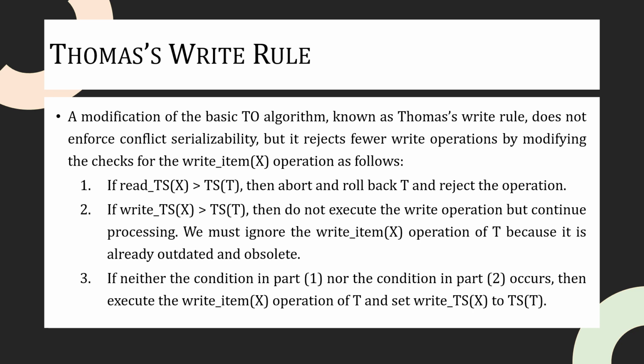And the third condition is, if neither the condition in step 1 nor the condition in step 2 occurs, then execute the write item of X operation of T and set the write timestamp of X to the timestamp of T. So this is the Thomas write rule, which is the modification of the basic TO algorithm.